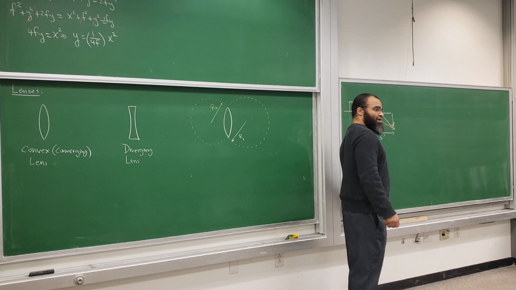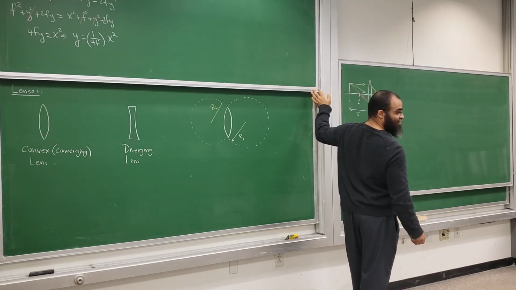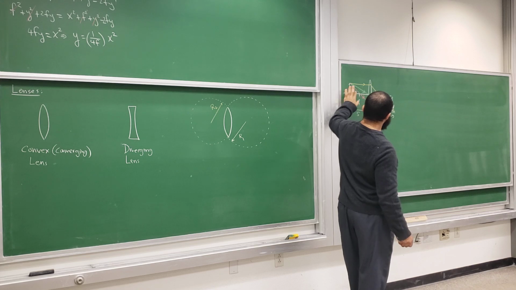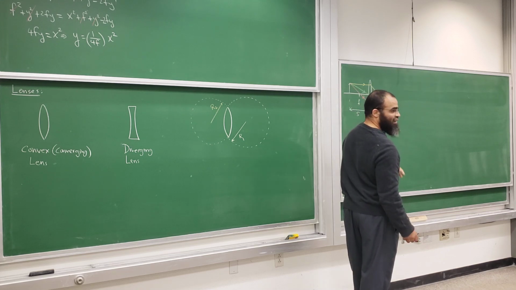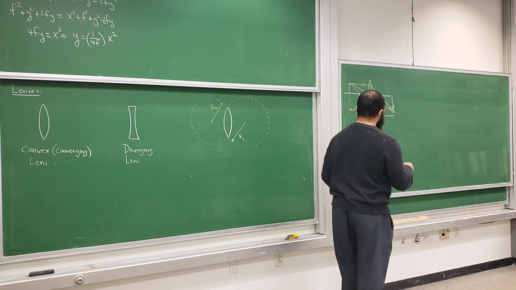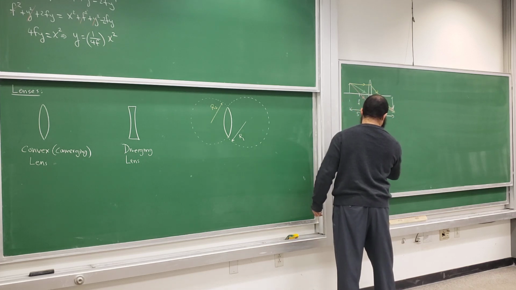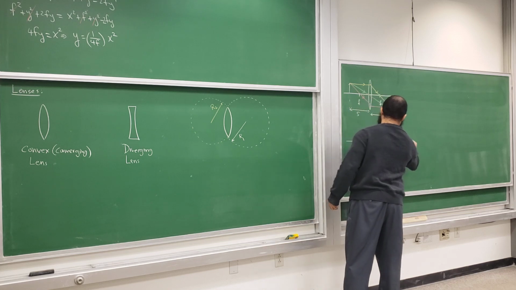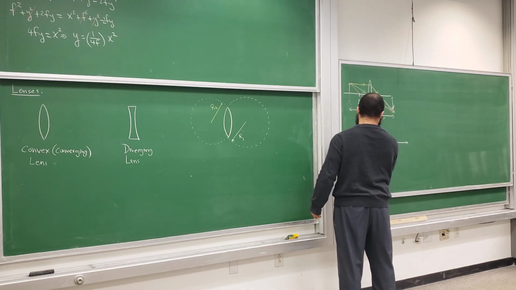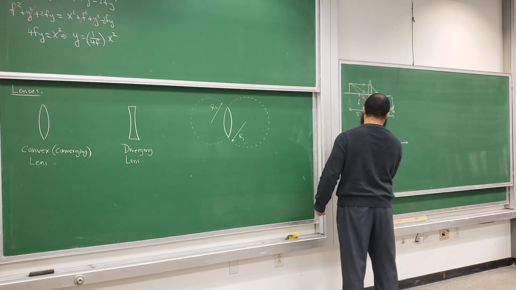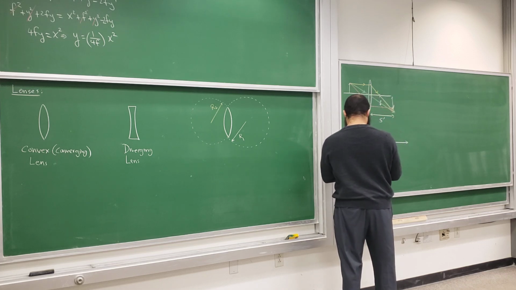Okay? I will show you a virtual image now. As long as the object sits a distance larger than the focal length from the lens, it will be a real image. Let's look at a different situation where the object sits inside the focal point, right? So here's F, both sides, here's F. Let's draw two rays and see what happens.